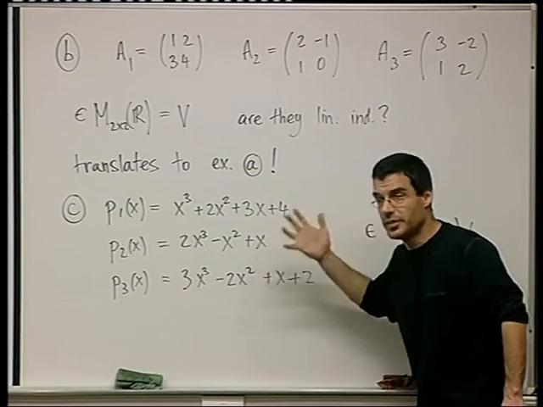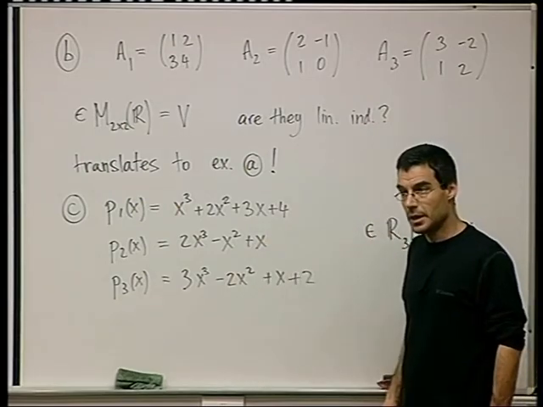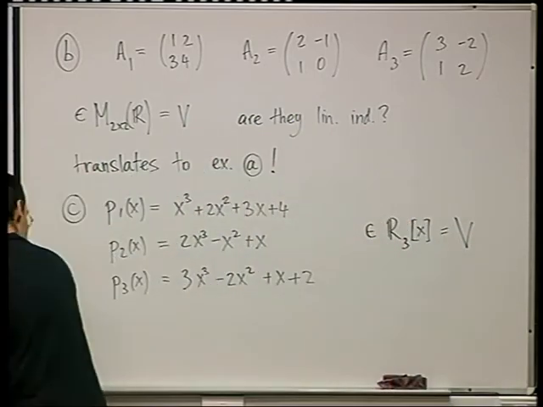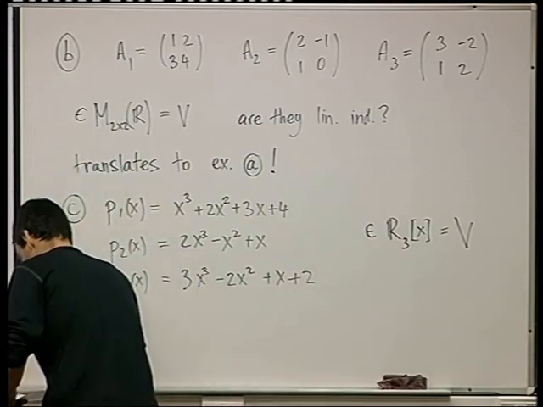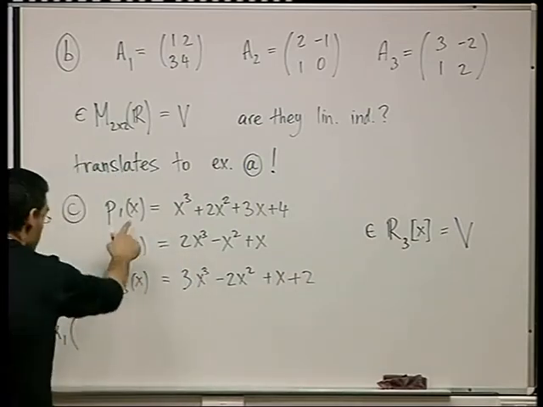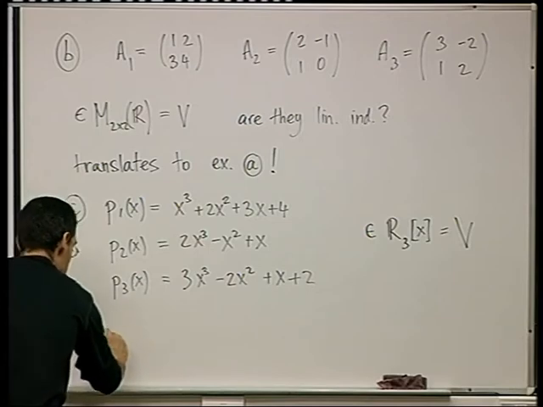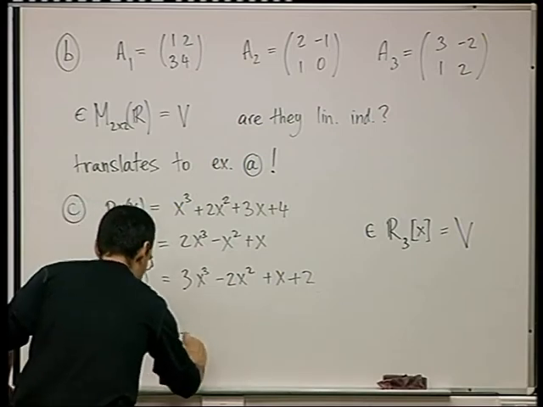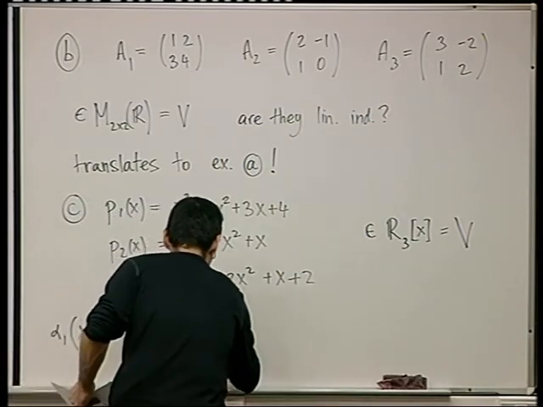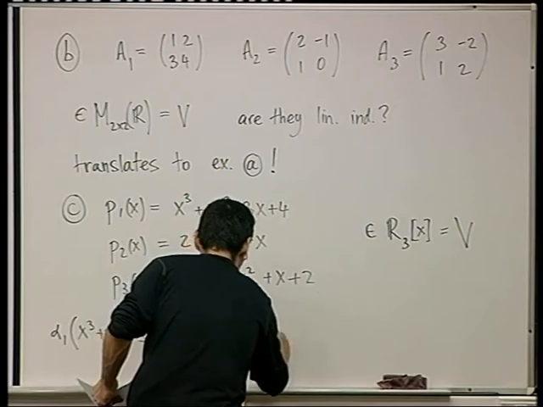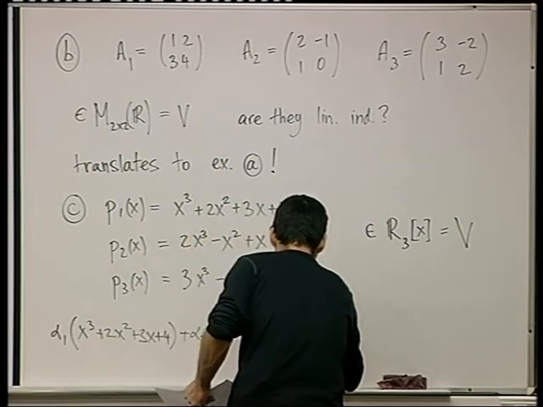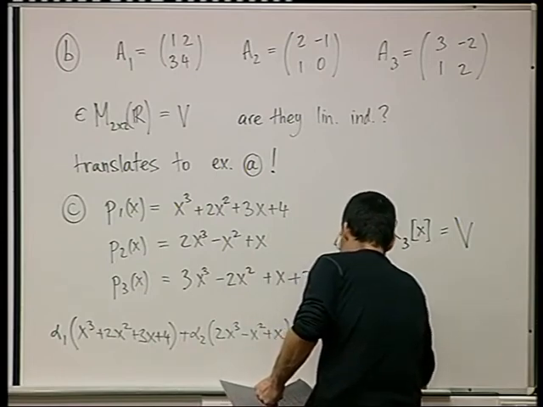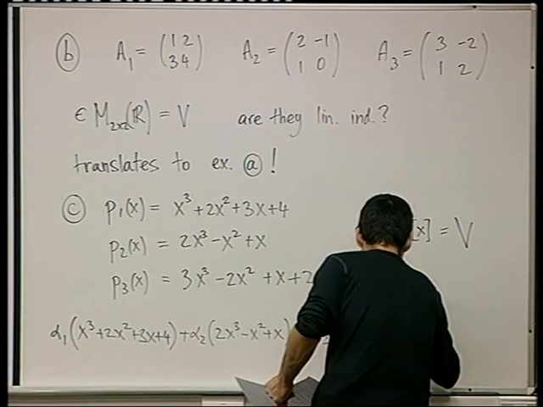And this would yield a system of equations, right? Maybe let's write that down. It may be a bit more confusing to see. So alpha 1 times P1, x cubed plus 2x squared plus 3x plus 4, plus alpha 2 times P2, 2x cubed minus x squared plus x, plus alpha 3 times P3, 3x cubed minus 2x squared plus x plus 2.